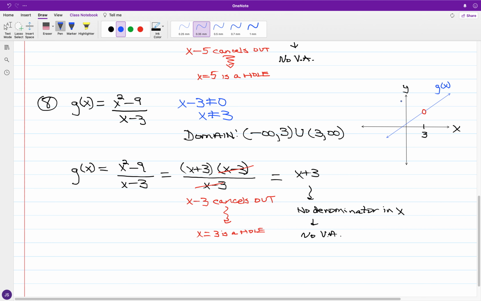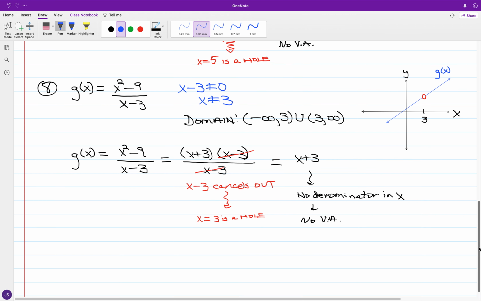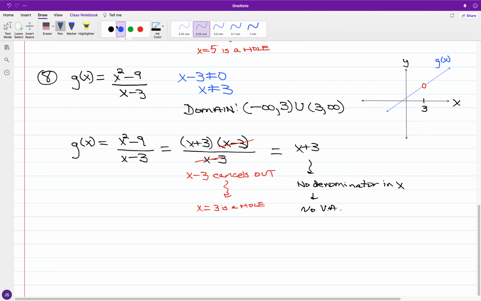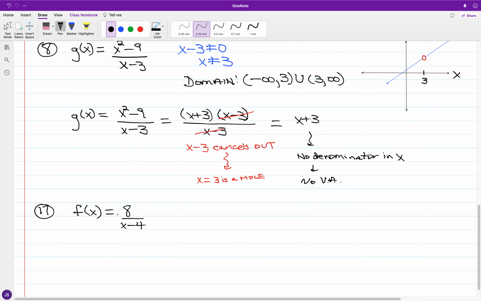All right, now looking again at vertical asymptotes, we have number 17. We have a function f of x equal to 8 over x minus 4.